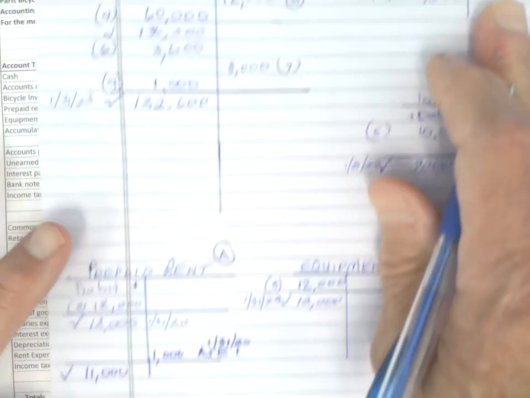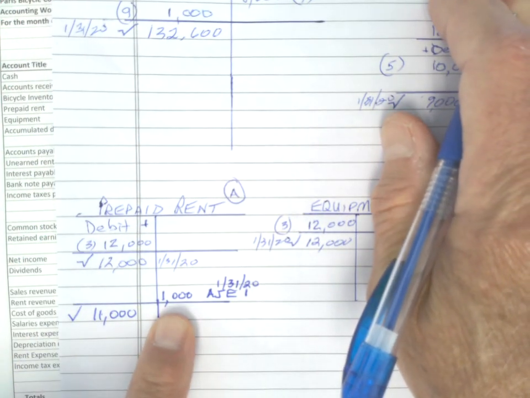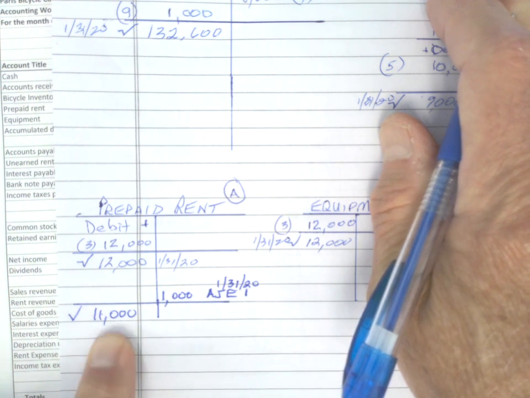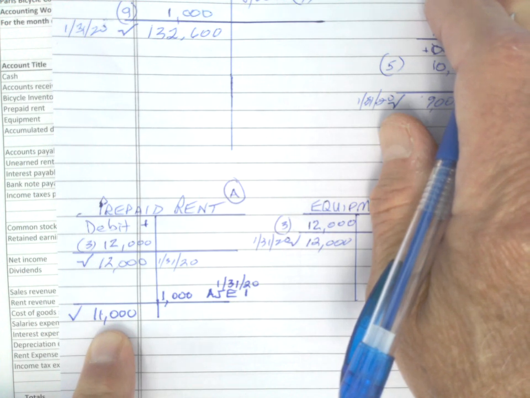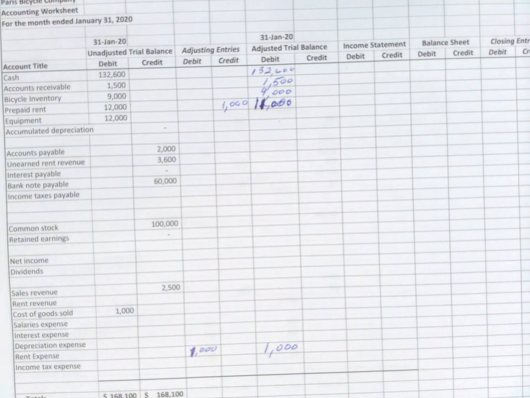Okay, so we've posted it to the worksheet, but we need to post it to our general ledger, and I have done it here. There's the prepaid rent credit for 1,000, and therefore the balance is 11,000. Okay, we also need to go to the rent expense. We need to go to the expense accounts within our general ledger.